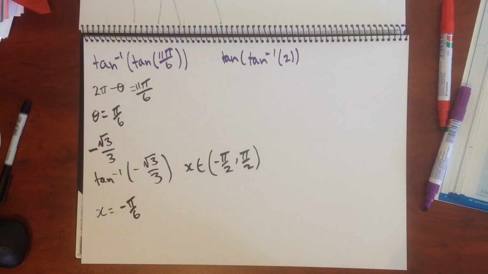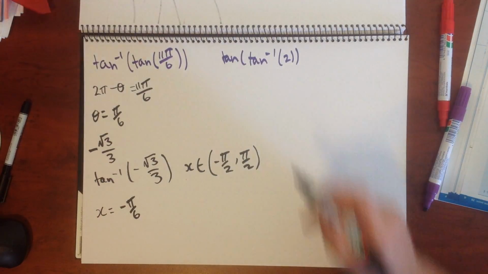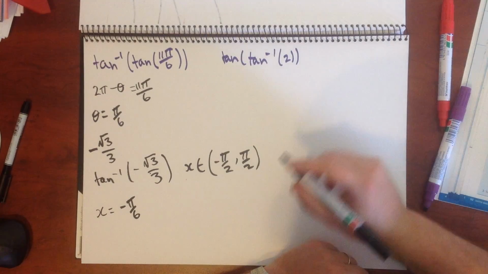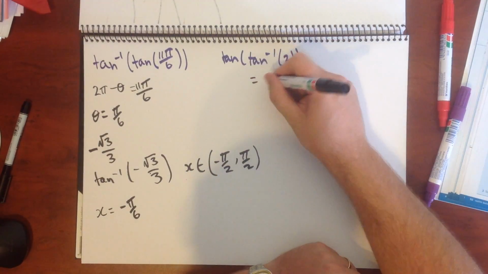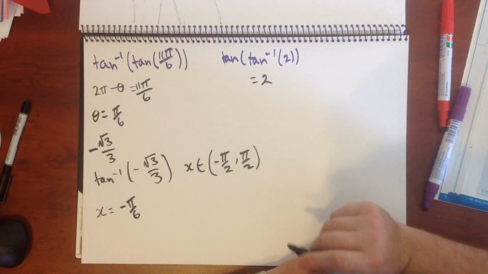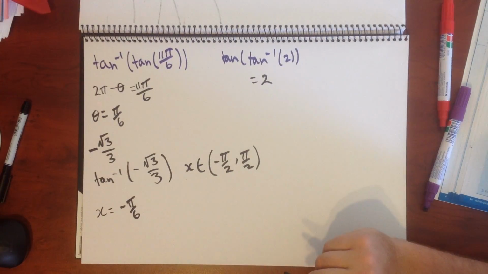It's the only time that we're going to be able to get that, which is basically the equivalent to our 11 pi on 6. And our second one over here is straight up the same as the other ones. We just need to state our answer of 2 with what's in the brackets.